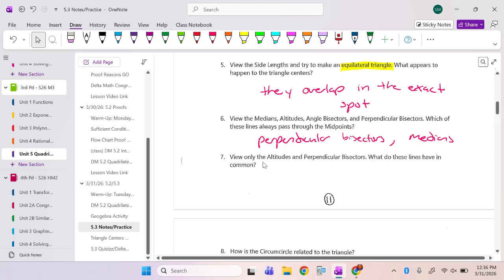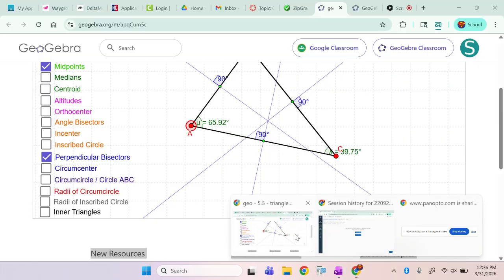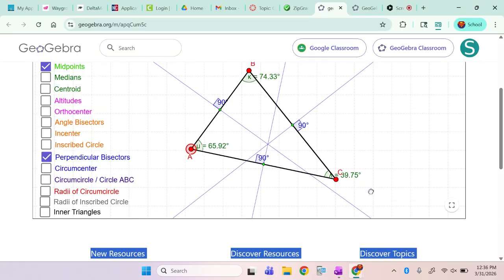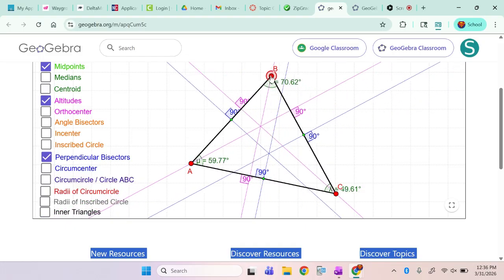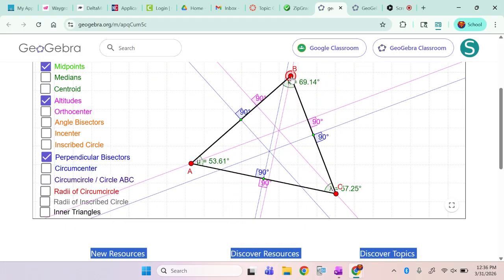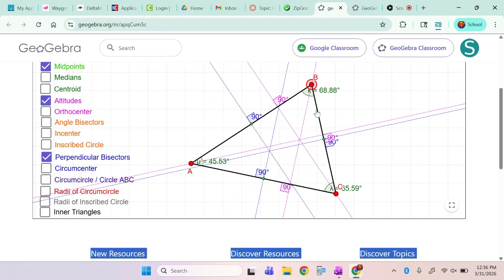Now, we're going to view only the altitudes and the perpendicular bisectors, and we're going to ask what these lines have in common. So if I go back here, I already got the perpendicular bisectors on. Now I'm going to also turn on the altitudes. So looking between the blue and the pink lines, what's something that you notice that is true for both of them? Not parallel.